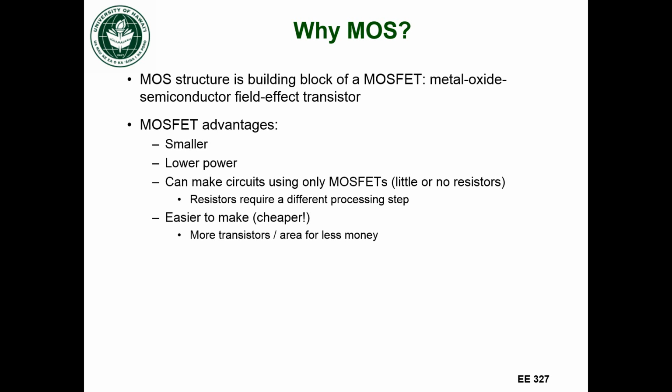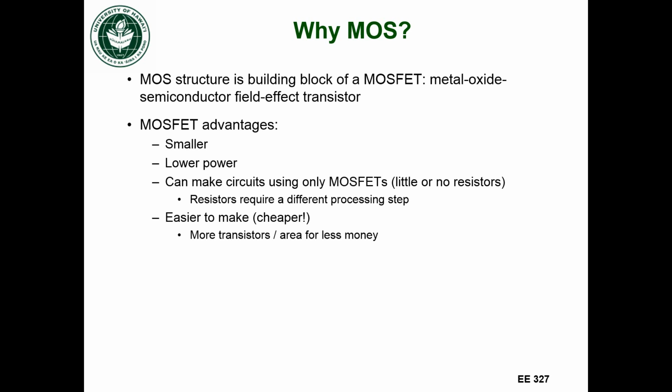The reason why they're popular is that compared to bipolar junction transistors, MOSFETs are smaller, they use less power, and you can make circuits that don't require resistors. You can actually use a MOSFET to make a resistor. And you might be wondering, well, a resistor is simpler than a transistor. Why would you want to make a resistor out of a transistor instead of just making a resistor?